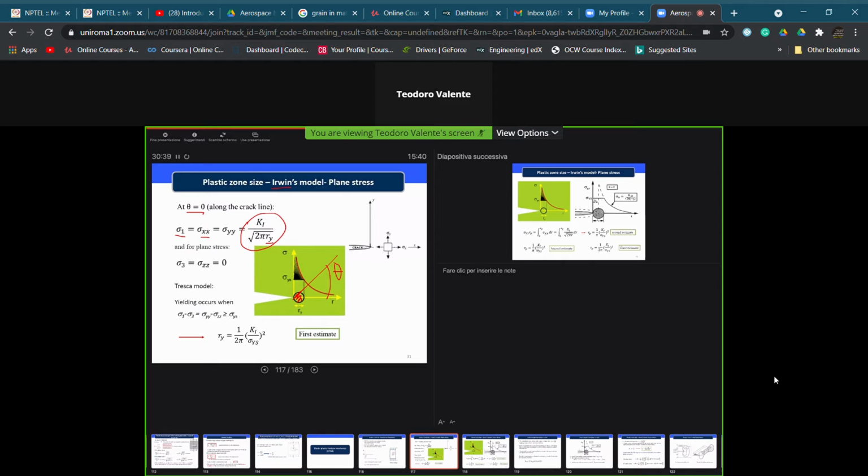If we are in a condition of plane stress, this means that sigma zz, or sigma z, or sigma 3 is equal to 0.